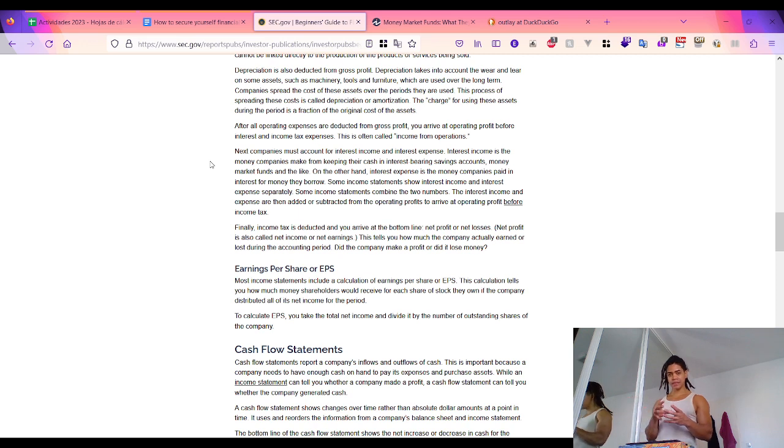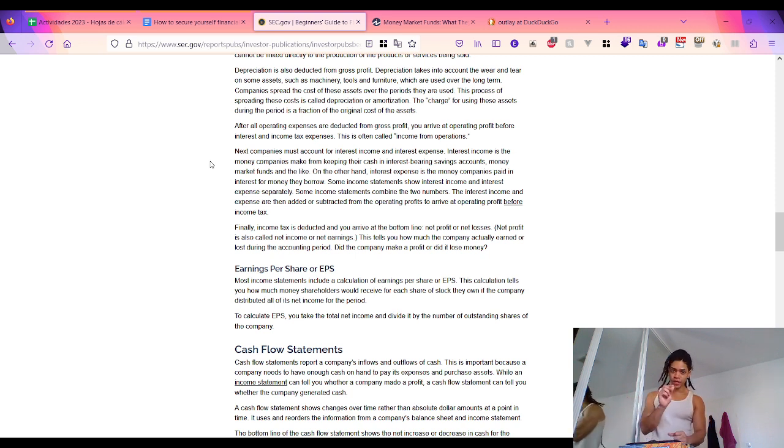So interest income is the amount of money that a company makes from keeping their cash in a saving account, money market fund, or the like. A money market fund is the purchase and sale of large volume of very short-term debt products such as commercial bank and overnight reserve.